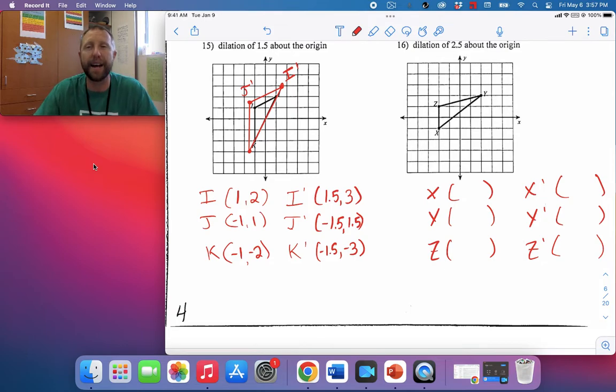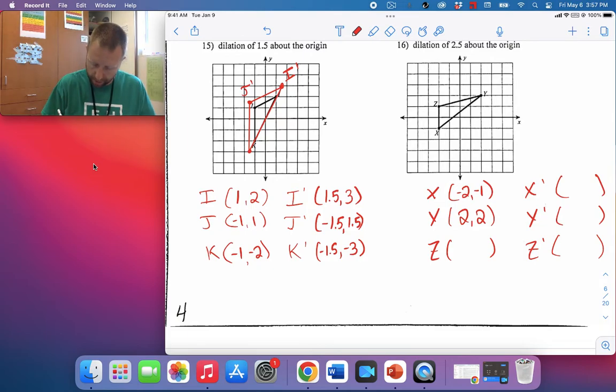It says to dilate by a scale factor of 2.5. So I'm going to get these coordinates and multiply every single one of them by 2.5. X is at -2, -1. Y is at 2, 2. And then Z is at -2, 1.